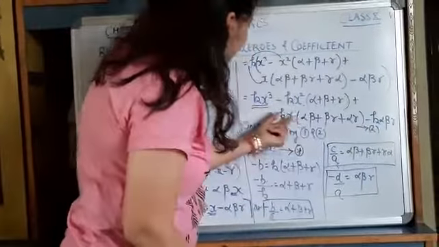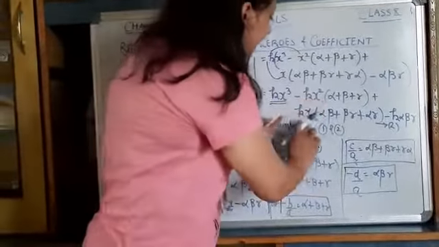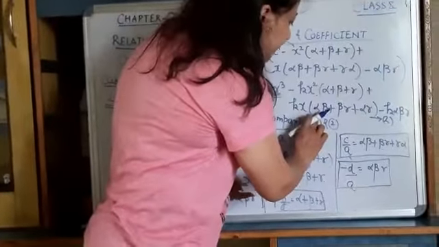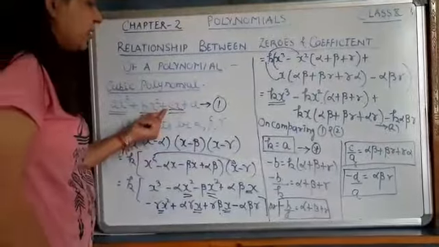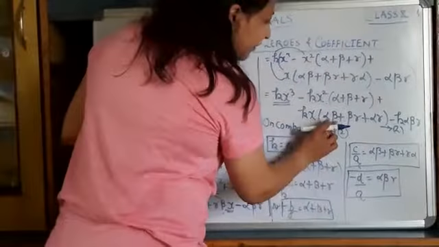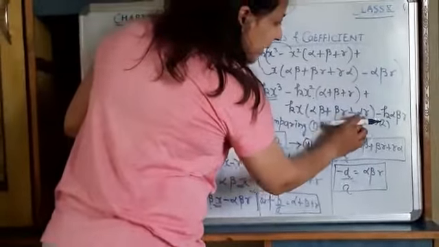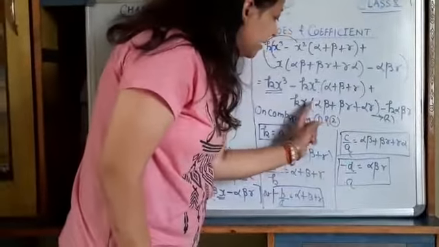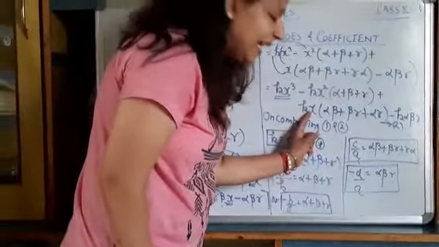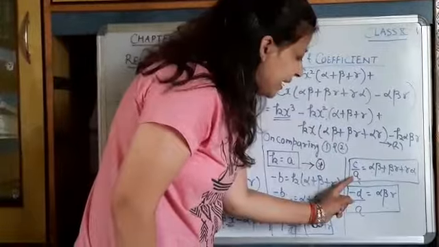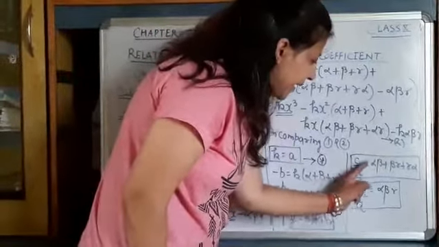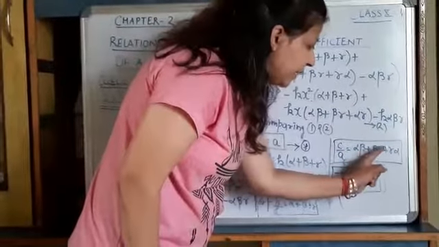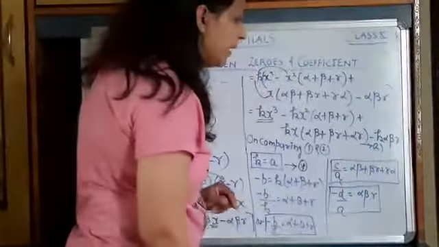Similarly, the third term can be compared: kx is equal to cx, so c will be equal to k times alpha beta plus beta gamma plus gamma alpha. And k can be replaced by a, so c by a is equal to alpha beta plus beta gamma plus gamma alpha.